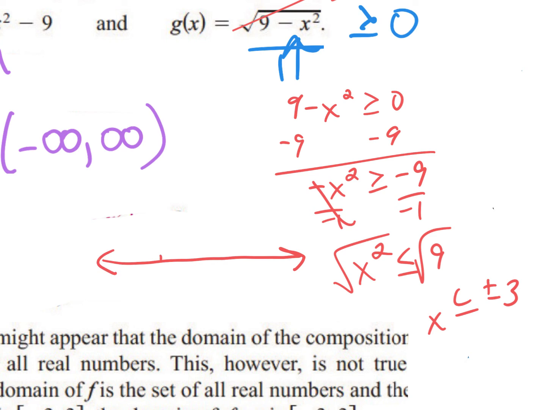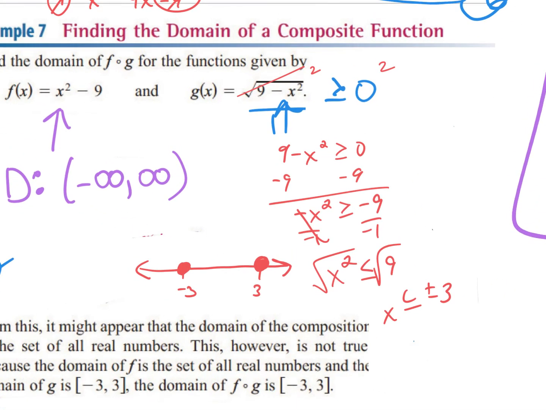Let's just think. I have negative 3 here. I have positive 3. What kind of dots am I going to have at negative 3 and positive 3? Why? Because it's a solid, or equal to, all right? Now let's just think about our expression, 9 minus x squared, underneath the radical.